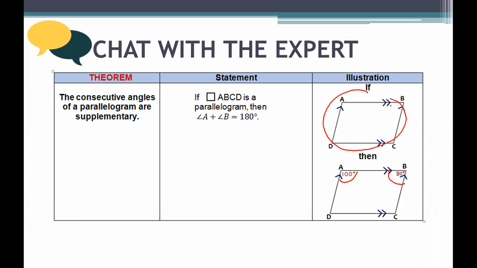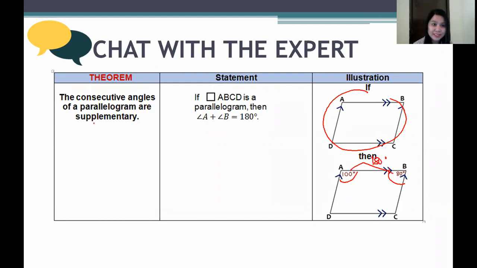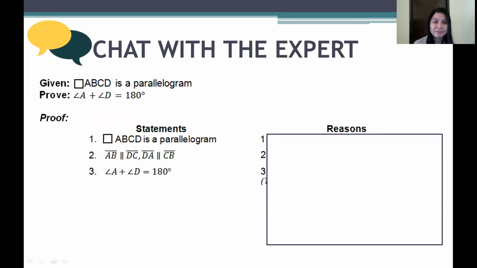What will happen? The sum of their angles will be 180 degrees, supplementary. So if angle A measures 100 degrees, then angle B will measure 80 degrees.